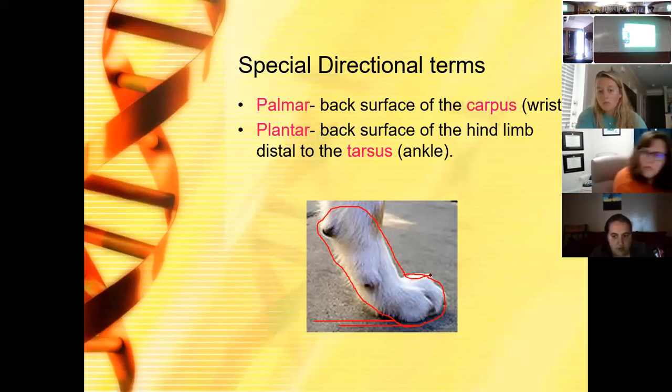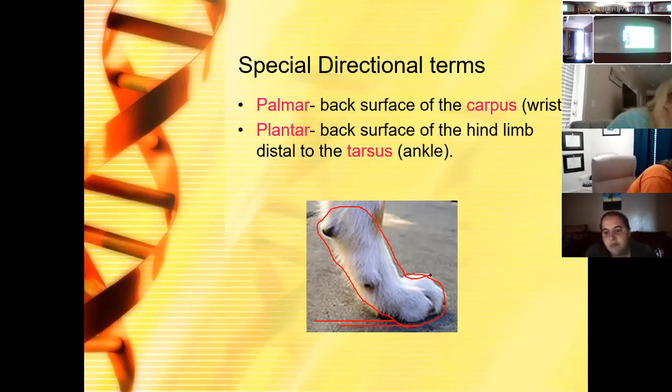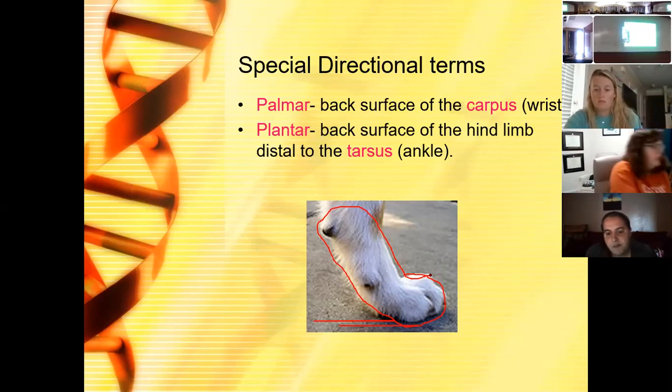It's magnificent. Pull my socks up. We are known as plantigrade, meaning that we stand our whole weight on the entire plantar surface of our foot. Dogs and cats are what we call digitigrade, where they walk on their toes.